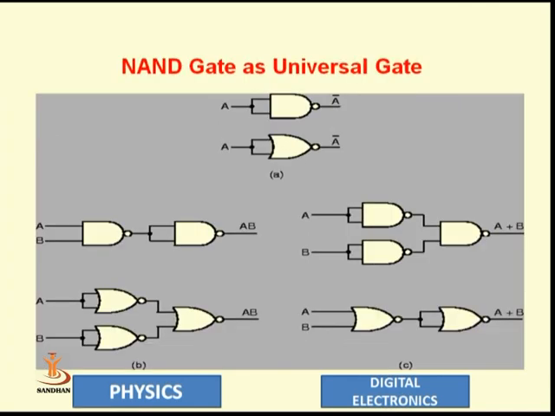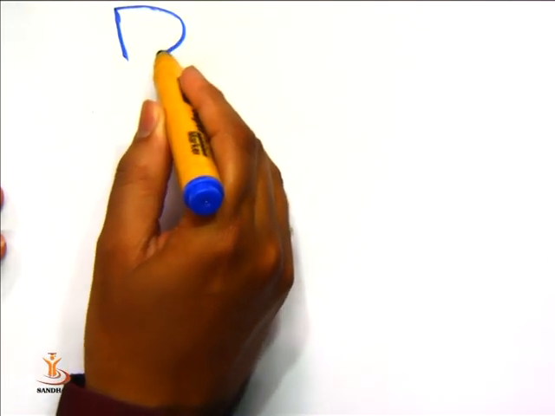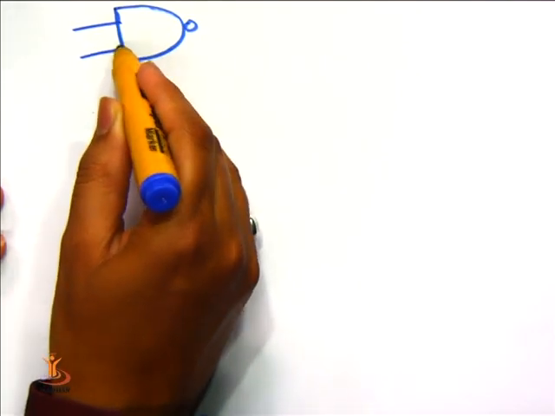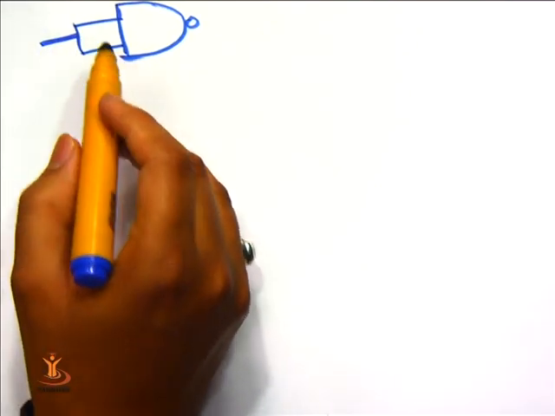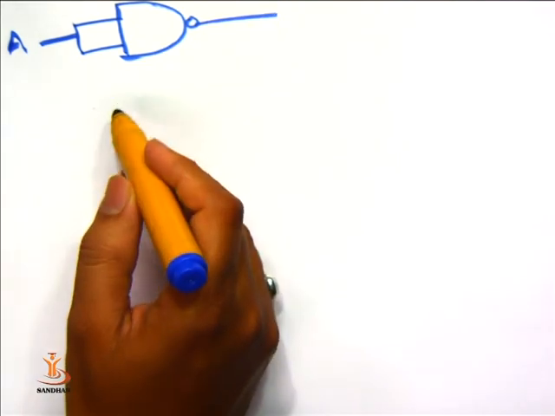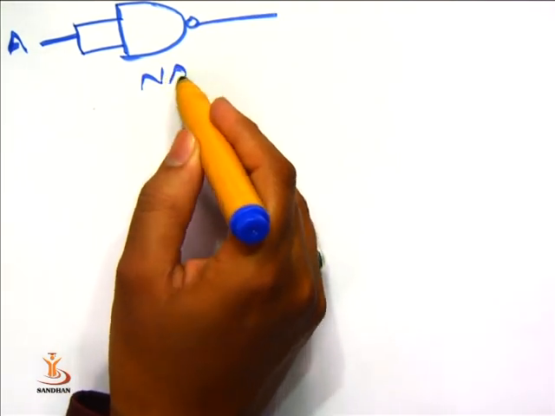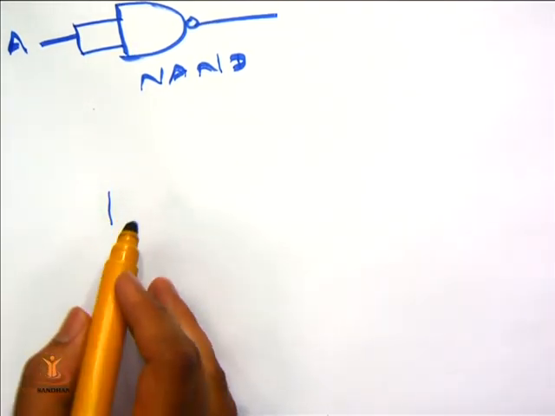Now another thing regarding the NAND gate: why is this known as a universal gate? This slide shows NAND gate as a universal gate. Both inputs are shorted and we are using a NAND gate.